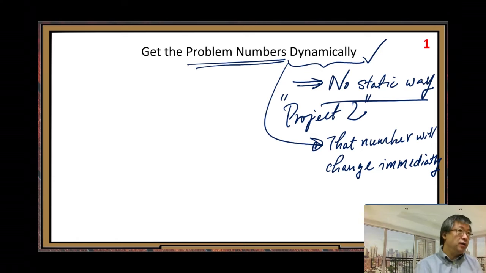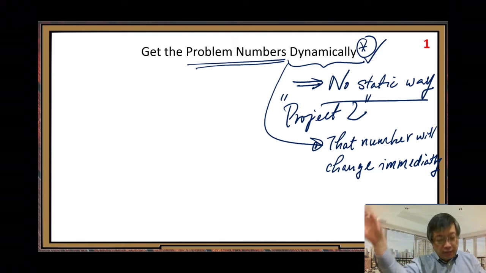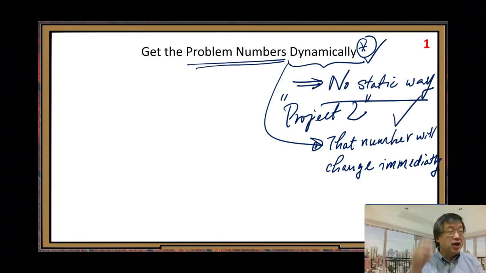That's not realistic, right? So that's the nice thing about the dynamic way to display the data. So let me not talk too much about that. I think you understand why we need to do it in this way.